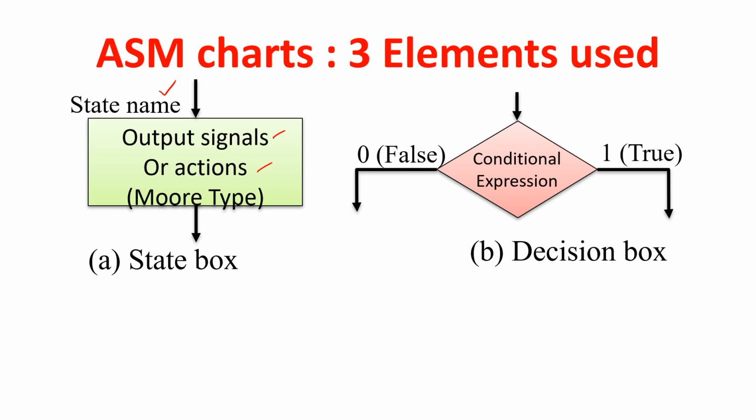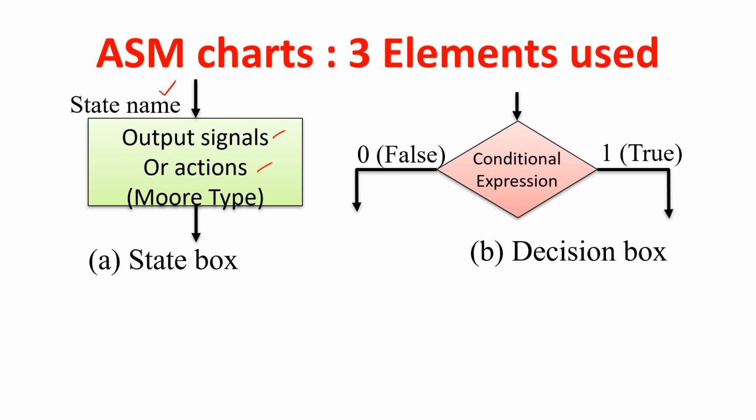In flowcharts we use the decision box. In finite state machines, FSM, we do not have a decision box, but in ASM we have a decision box. Flowcharts do not have this kind of state.